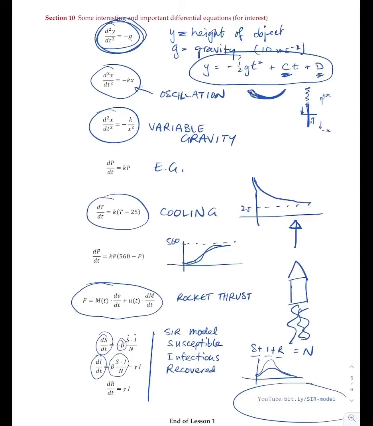Some people will become sick, so that's a positive, but then we subtract the percentage of infected people who get better. Gamma is a constant describing the rate at which infected people get better. And then the recovery part is just this bit moved down here and made positive. A certain percentage of infected people get better at any time, and that means that the recovered part grows. All this is described in here with lovely graphs.